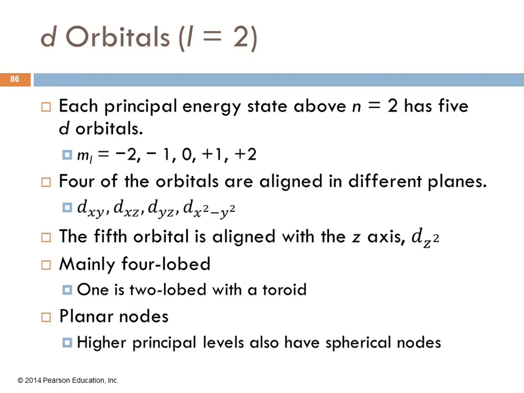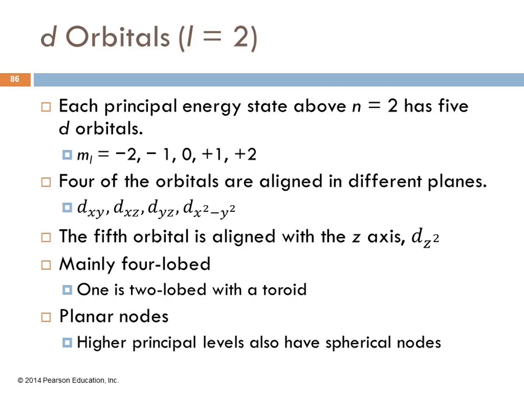The d orbitals are found in principal energy level 2 and above, and there's 5 of those, and we've looked at those quantum numbers, m sub l, the angular momentum, there's 5 of them. Each of these represents a different orbital.